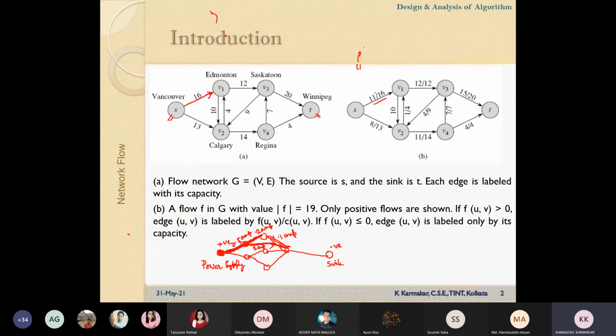In this representation, this value represents the utilization, and this value is basically the capacity of the link. This is the capacity of the link and this is the utilization. So we'll mark it in that way.